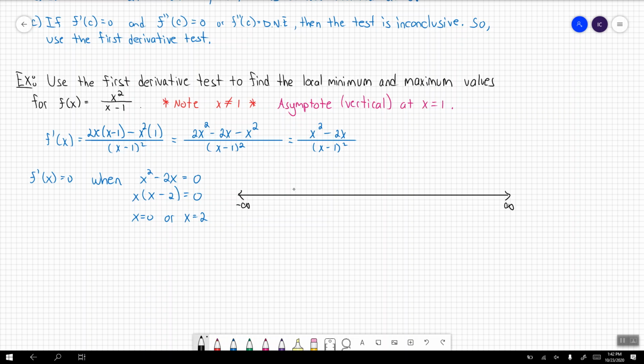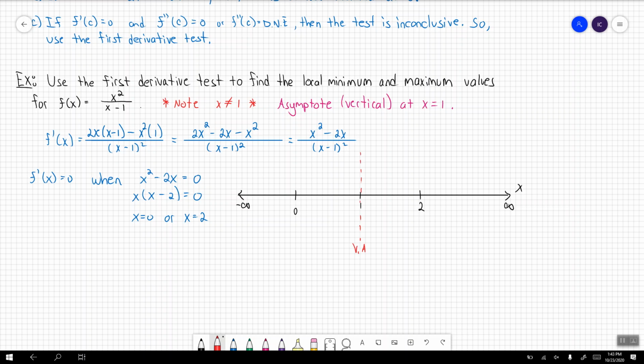So the first thing I'm going to do is start identifying all of those values. So I have x equal to 0. There we are, and again, these are all x values. x equal to 1, and then x equal to 2. Perfect. And so again, we have a vertical asymptote here. So that's your vertical asymptote.